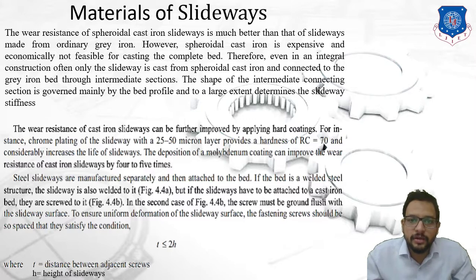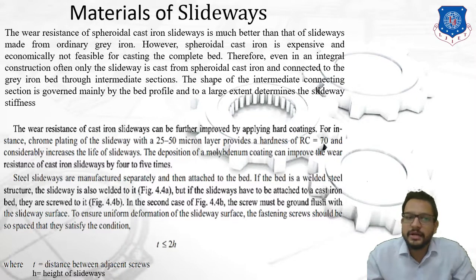So usually beds are made from gray cast iron and slideways are made from spheroidal cast iron, and both are joined together. Even in an integral construction, often only the slideway is cast from spheroidal cast iron and connected to the gray iron bed through the intermediate sections.